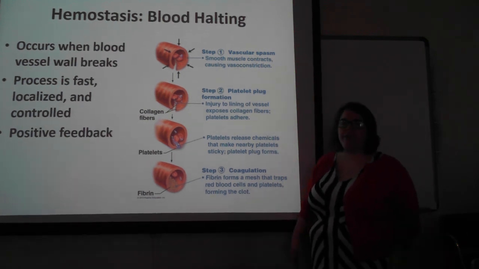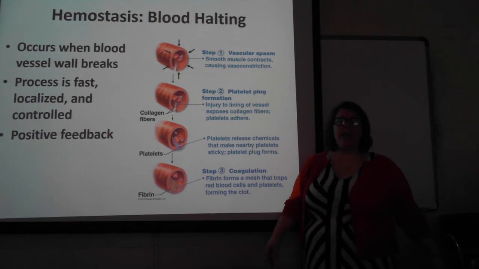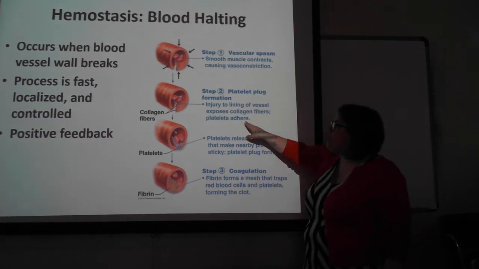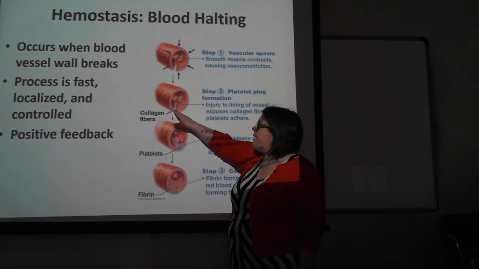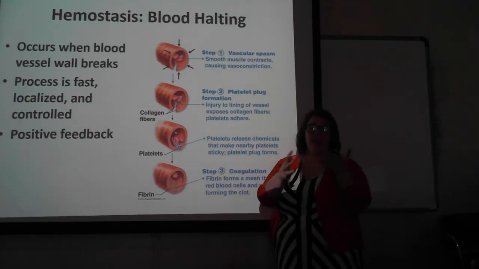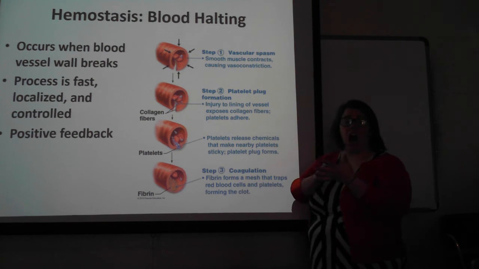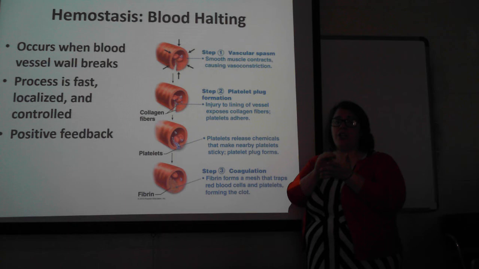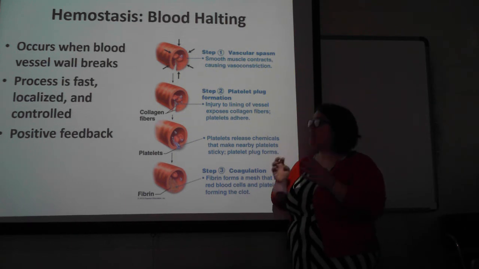Now, unfortunately, we can't turn the flow off, but we can at least turn it down. So the next thing that's going to happen is we're going to start to get platelets sticking to the damaged area. And the reason they can do that is because collagen fibers have become exposed. And so the platelets can stick to that little area of collagen.